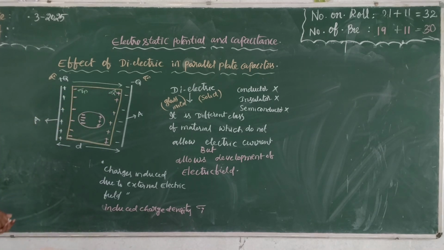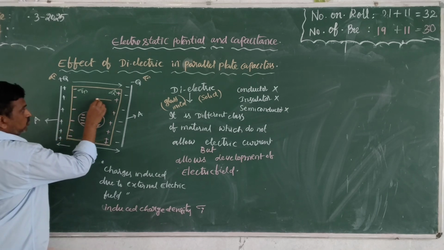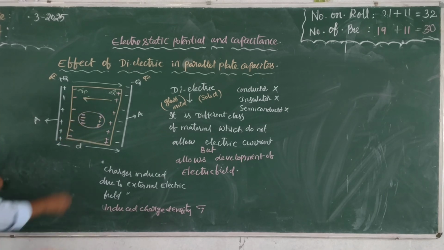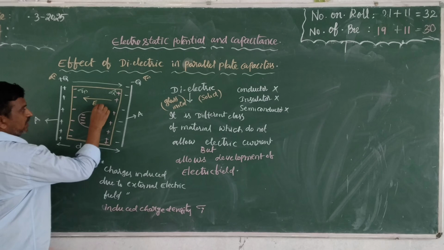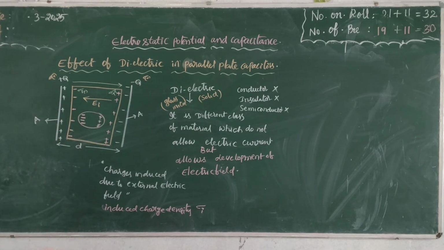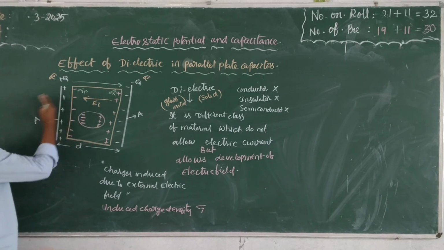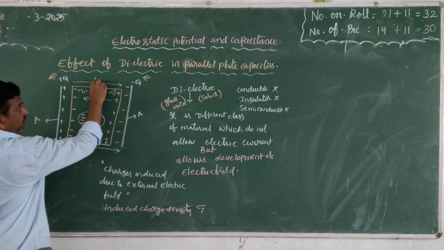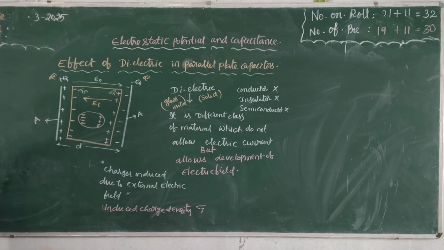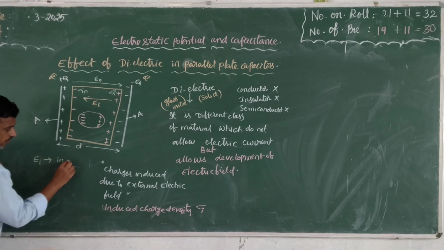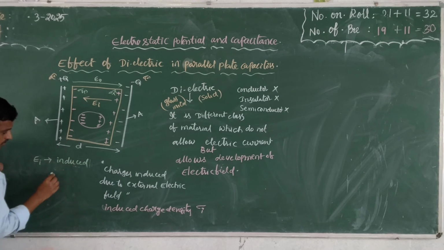What is the electric field direction? Always positive to negative. This is the induced electric field, due to the induced charge densities, from plus to minus. This is the direction of the induced electric field, and that is the direction of the external electric field. So E naught is the external electric field, and I write EI for the induced electric field.